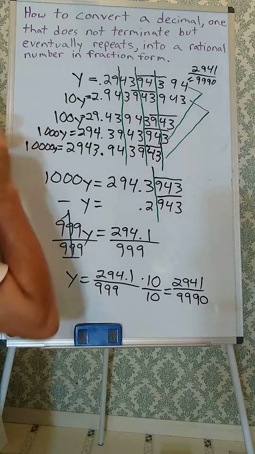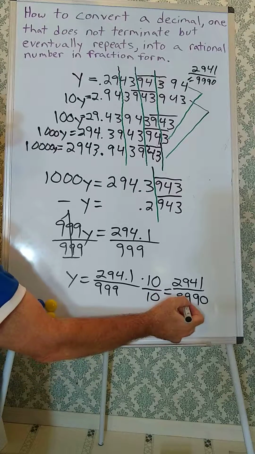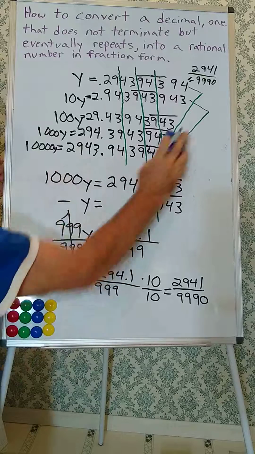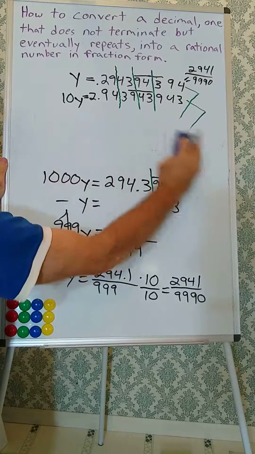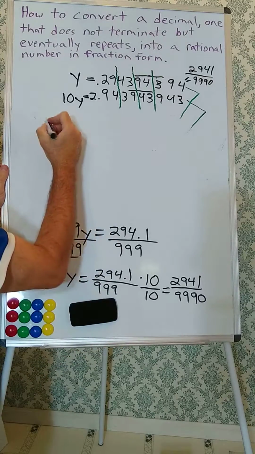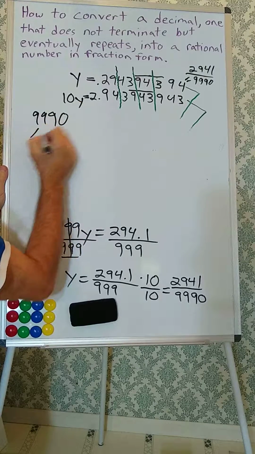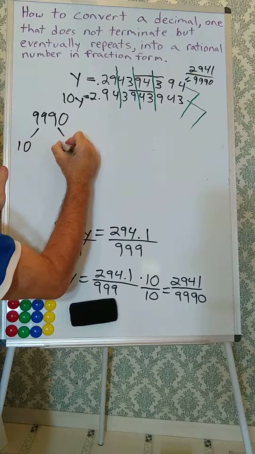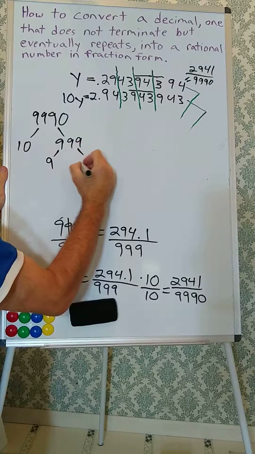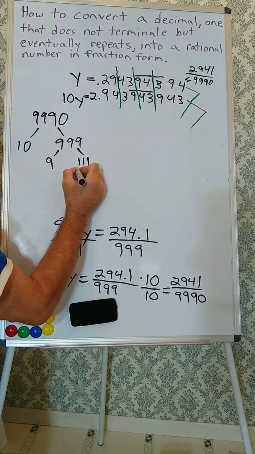Now let's think, are there any common factors? Well, starting with this, since it's pretty easy, I'm going to get rid of some things here. 9,990. 2 factors are 10 and 999. 9 times 111 is equal to 999.